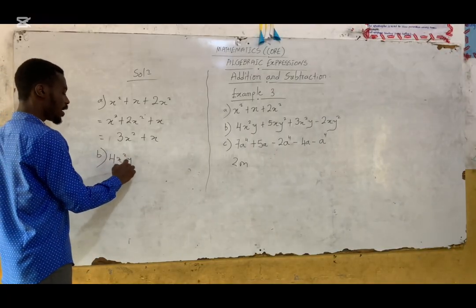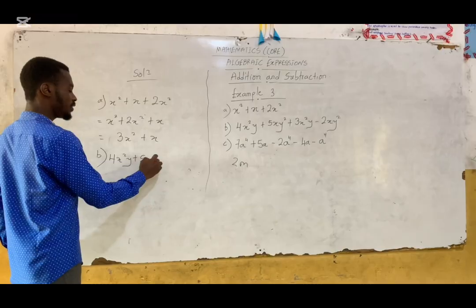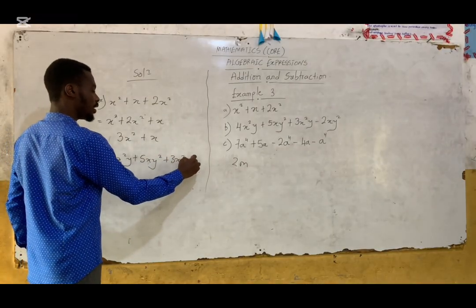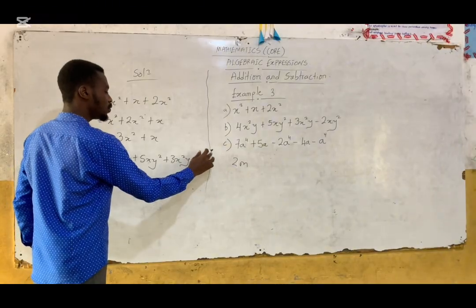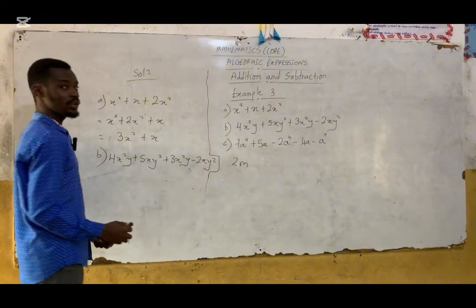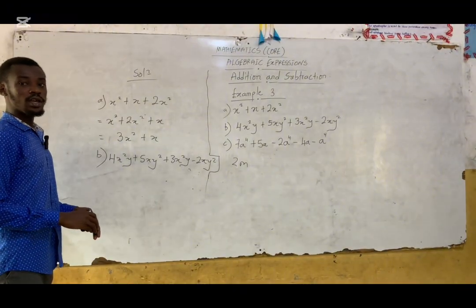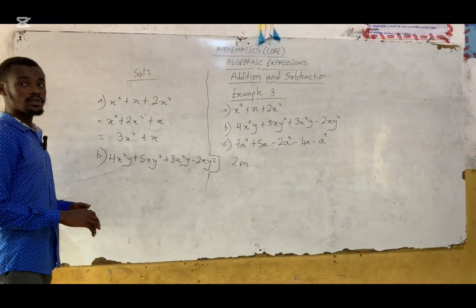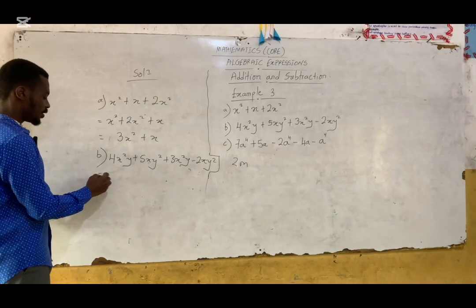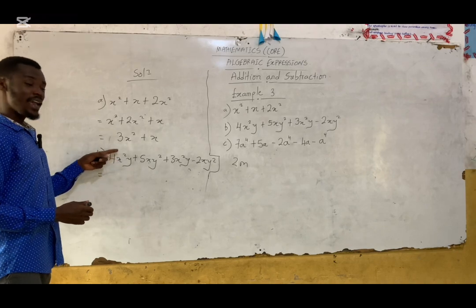4x squared y plus 5xy squared plus 3x squared y minus 2xy squared. Here you have to take note of your like terms. We have 4x squared y.